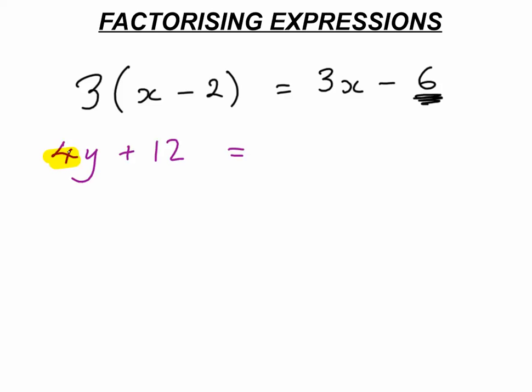We notice that there's a 4 there and a 12 there, and that they're both in the 4 times table. So we take that 4 out, we open a bracket, and then we say to ourselves, what do I multiply 4 by to make 4y? So I had to multiply by y.